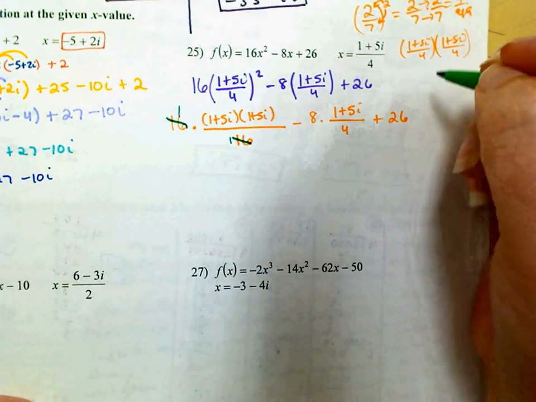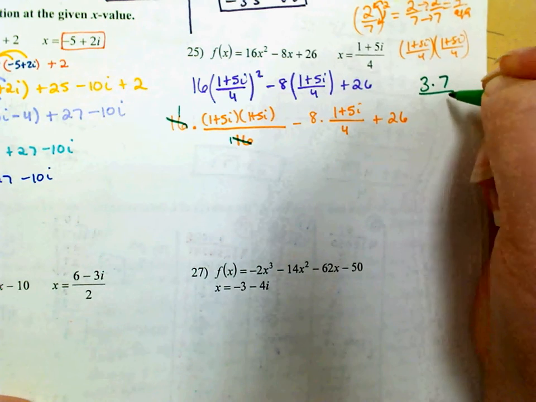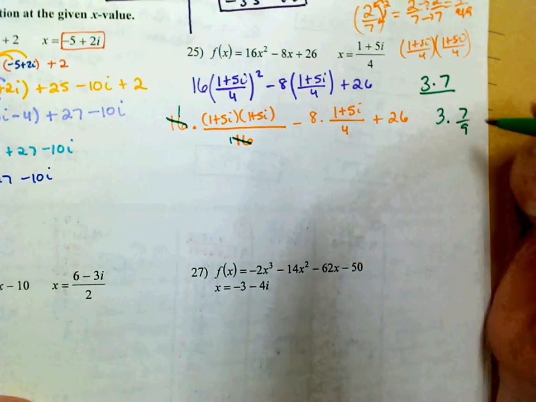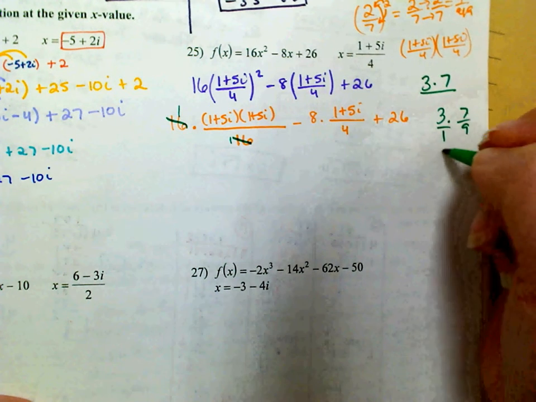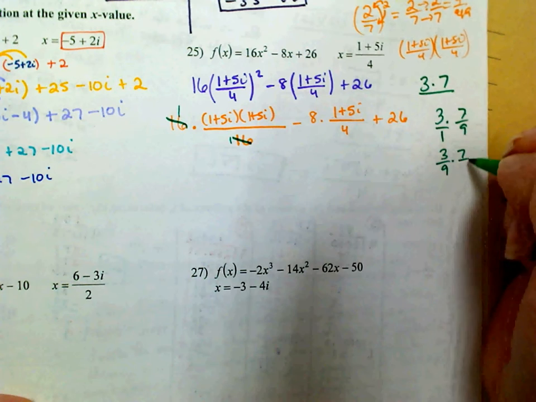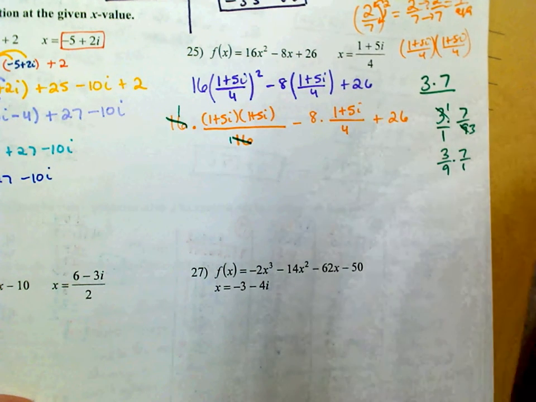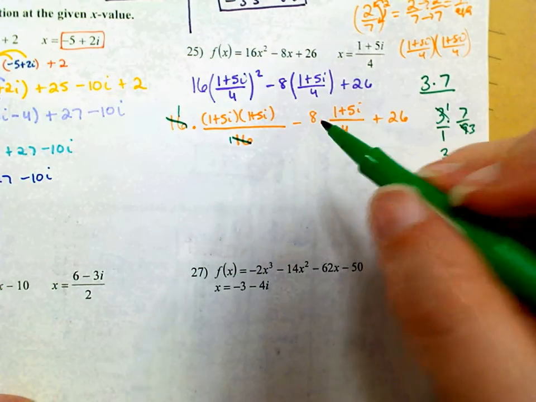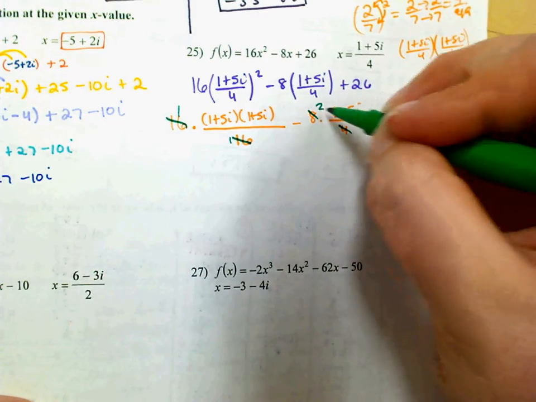If I had 3 times 7 over 9, I could think of it as 21 over 9, or I could think of it as 3 ninths times 7 over 1. I mean, it's the same thing, right? The 3 and the 9 can go ahead and simplify before I figure out what that is. But anyway. Okay. I've got 8 times this divided by 4. Well, 8 divided by 4 is 2. So I can just think of it like that.